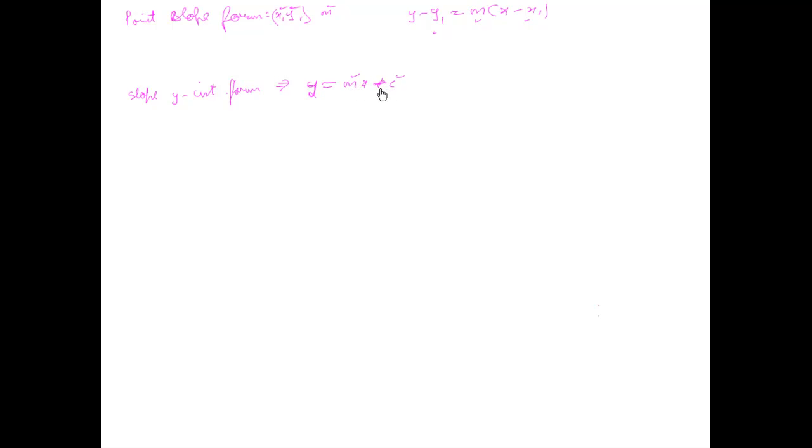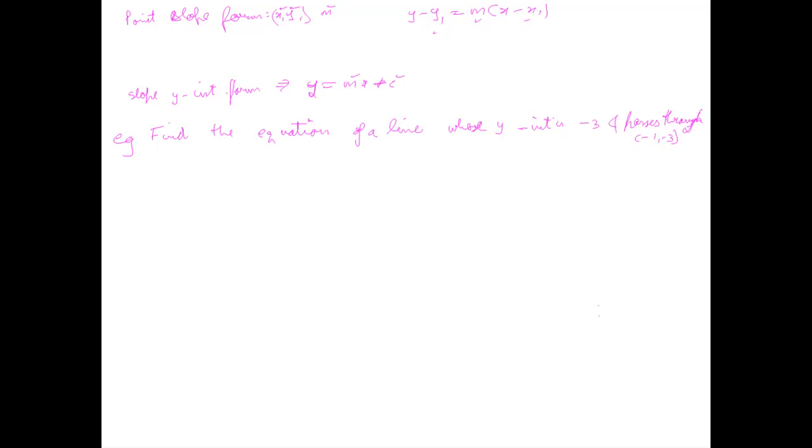Let's see some examples of finding the equation of a line, children. Question says, find the equation of a line whose y-intercept is minus 3 and passes through minus 1 comma minus 3.